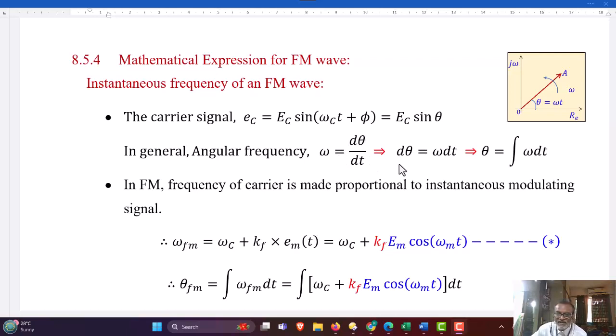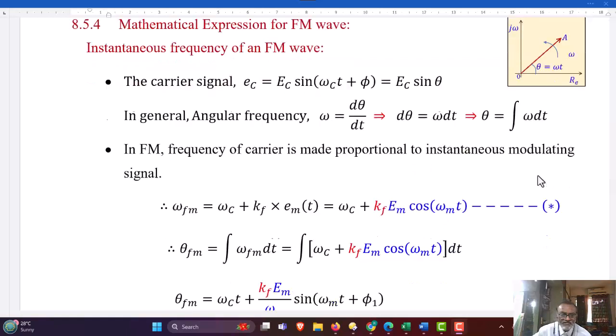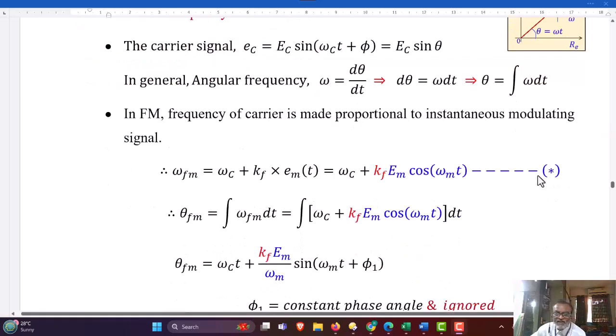Simplifying this expression, taking d theta on the left side and the remaining terms on the right side, and estimating the value of theta by taking the integral of the right hand side, that is nothing but theta equals the integral of omega dt. This is the general expression.